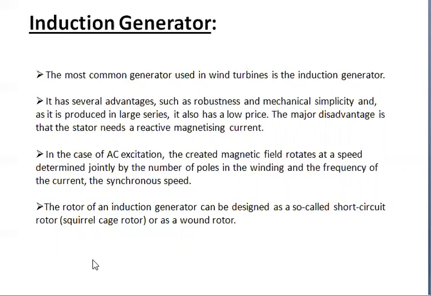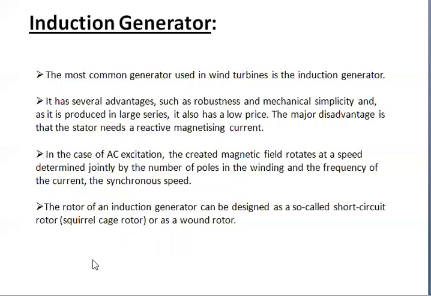So, in case of AC excitation, the created magnetic field rotates at a speed determined jointly by the number of poles in the winding and the frequency of the current, the synchronous speed. Thus, if the rotor rotates at a speed that exceeds the synchronous speed, an electric field is induced between the rotor and the rotating stator field by a relative motion that is called slip, which causes a current in the rotor windings.